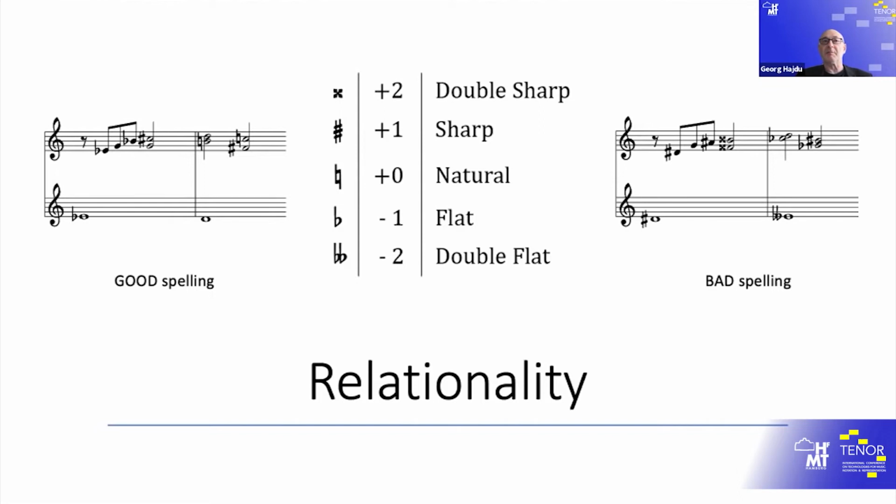But I think it would still be interesting to use machine learning to the extent that you have a system that's capable of realizing these harmonic relationships, and also then make an informed decision on how to spell or respell these accidentals, particularly in pivot chords, because pivot chords pose a particular challenge.